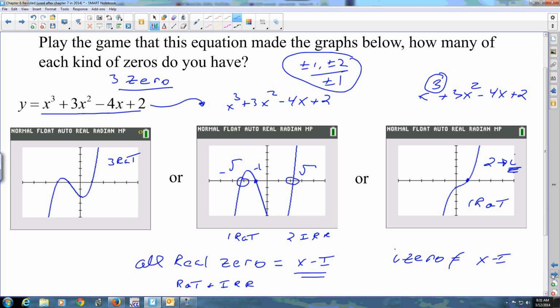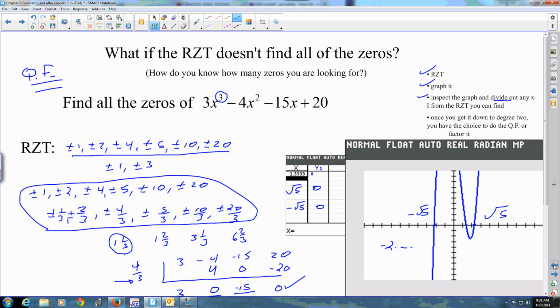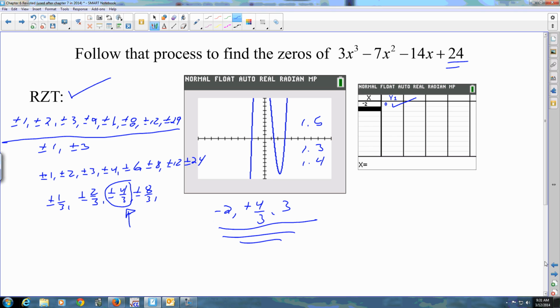Okay? So, backing up, these are the order of things that you're going to go through. Rational zero theorem, graph it, inspect the graph. If you can find them all, great. That's what happened on this one. We found them all, fantastic, no division was needed. But you still needed to check them on your table to make sure they worked.